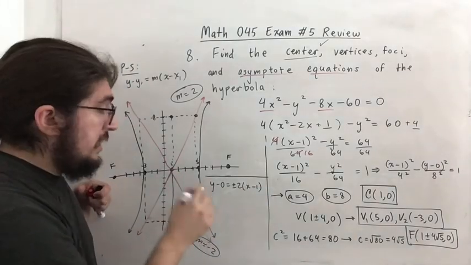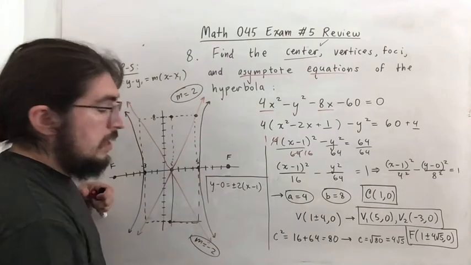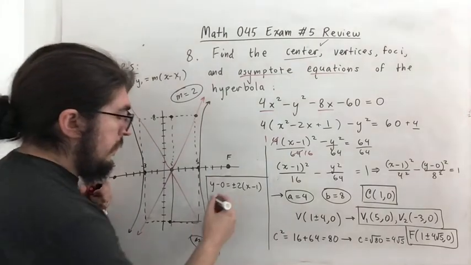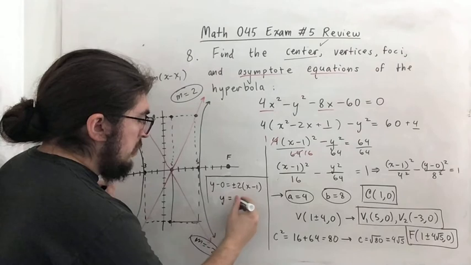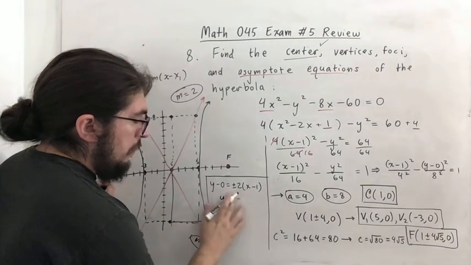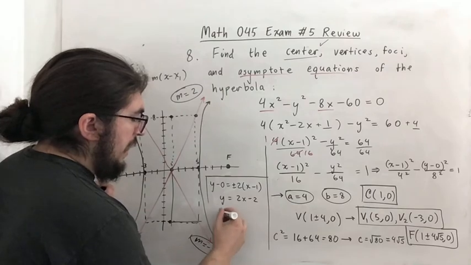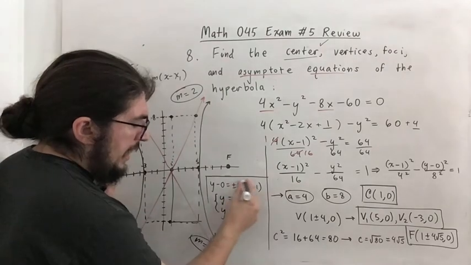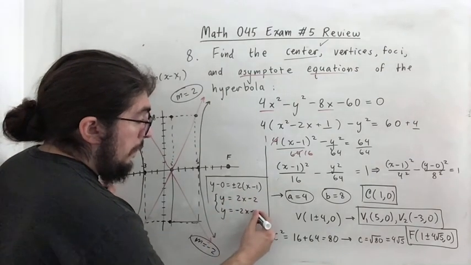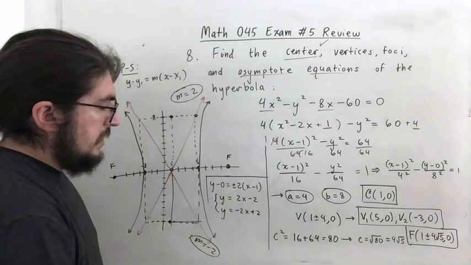So there we go. This is the equation of our asymptotes. There's two equations in one, though. So we have y is equal to, let's do the positive one here. If you distribute that, you get 2x minus 2. And for the negative one, negative 2 distributed is negative 2x plus 2 because negative times negative is positive.